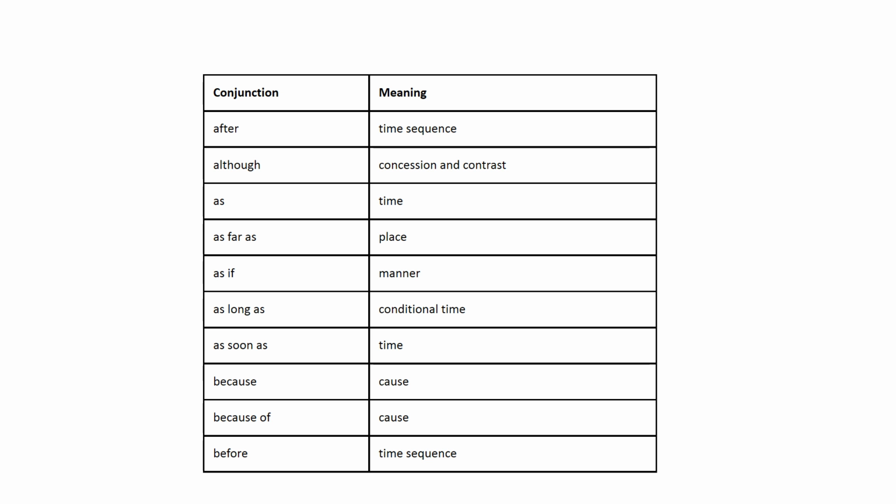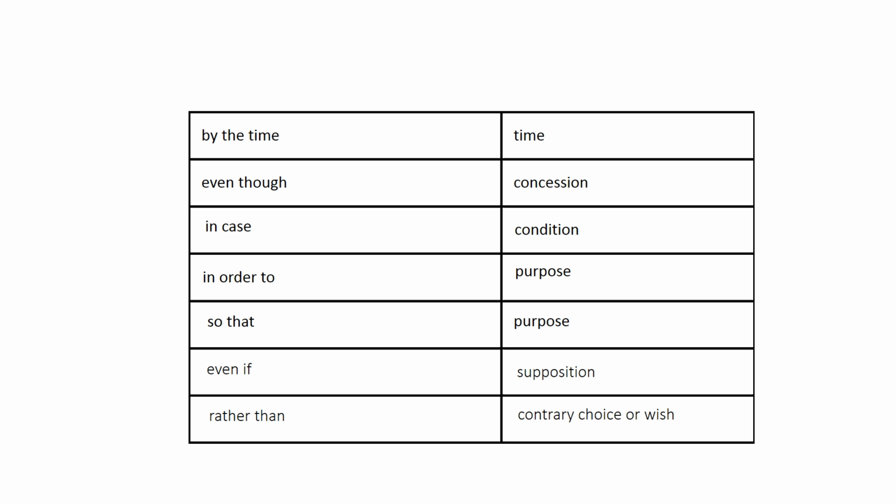Cause, you can use because of. What else? By the time, even though is for concession as well. In case, that indicates condition. In order to, and so that can be used to indicate purpose. Even if, if you want to present supposition, and if you want to express contrary choice or wish, you may use rather than.